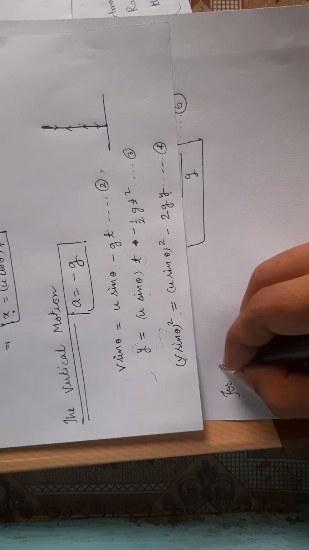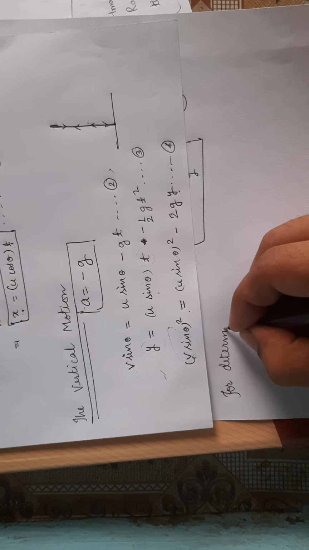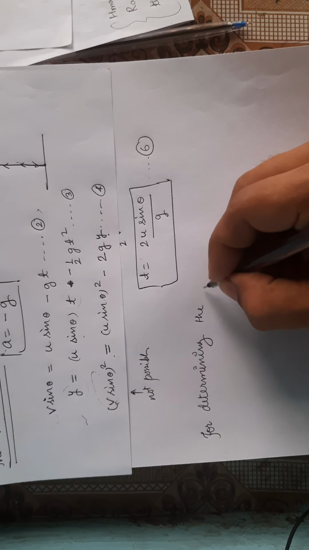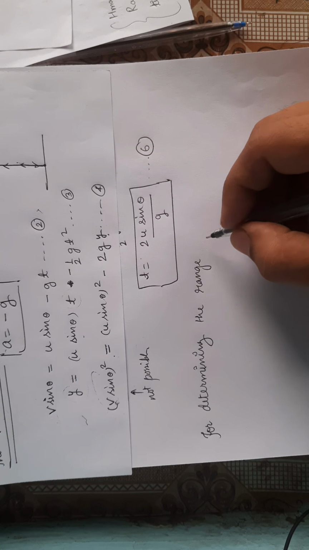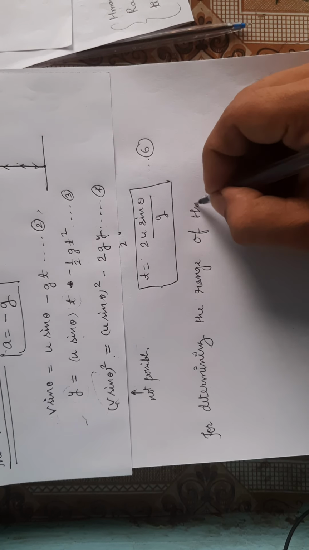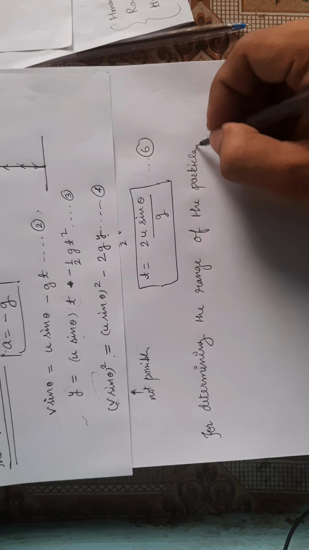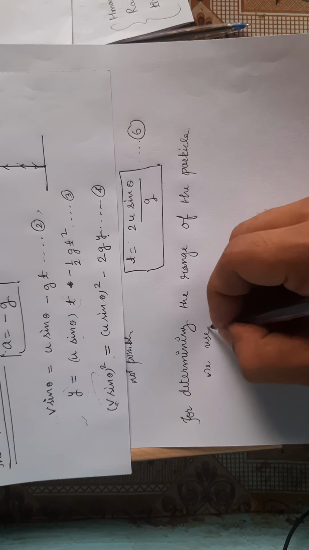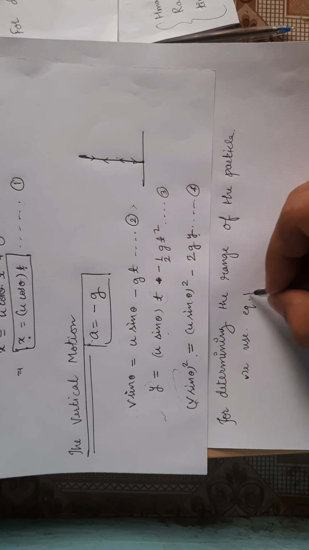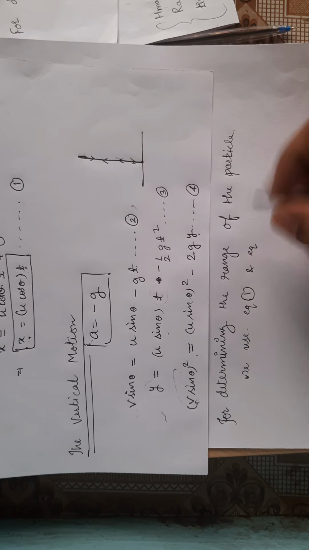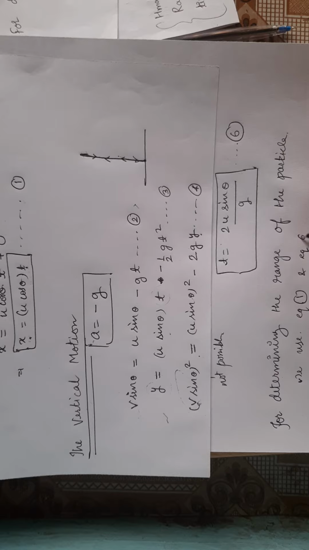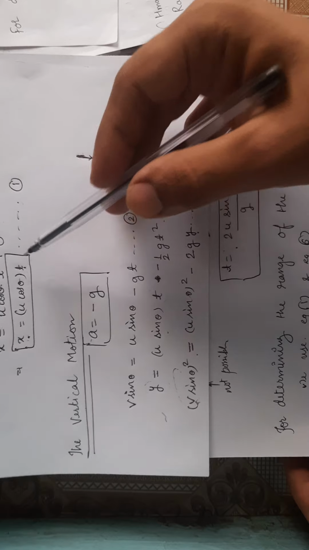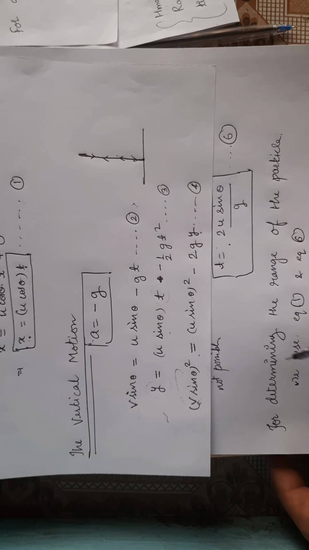So for determining the range of the particle, we use equation 1 and equation 6. To put the value of t in equation 1, we can find the range.